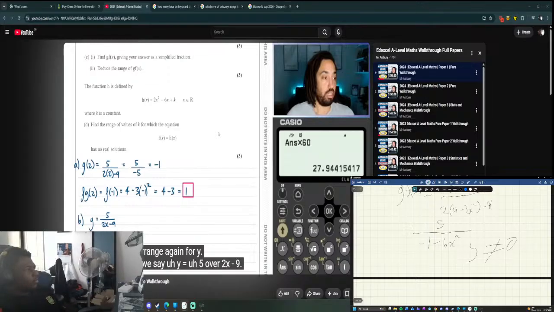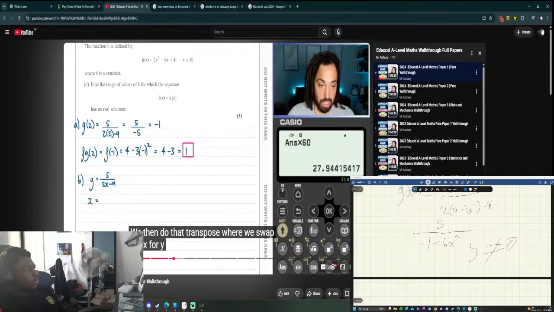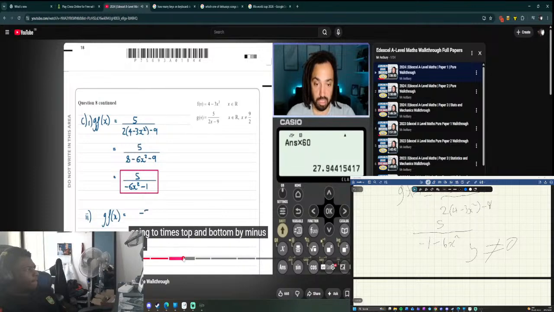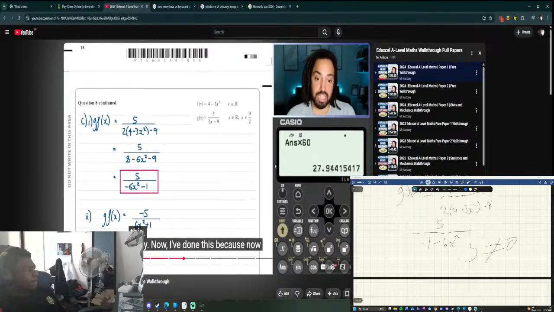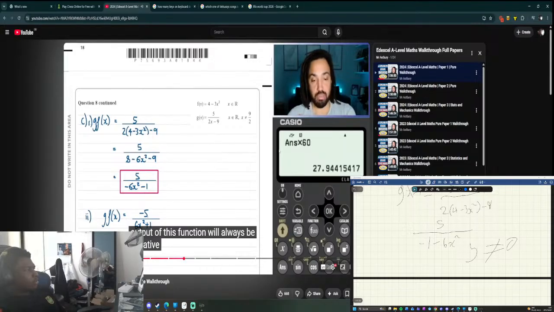That's all I got. We then do that transpose where we swap the x for y, which inverts the function, and then -1. So that doesn't change the function, it just writes it slightly differently. So we're going to get this. Okay, now I've done this because now hopefully it's easier to see that the output of this function will always be negative.